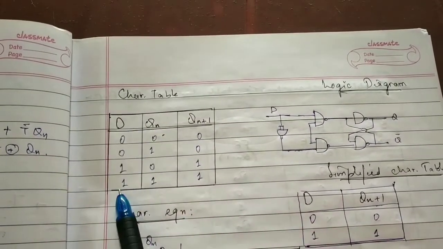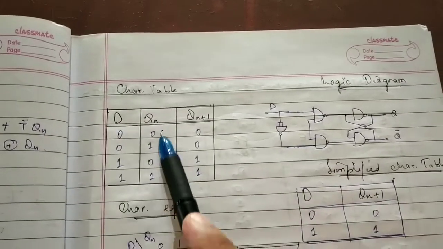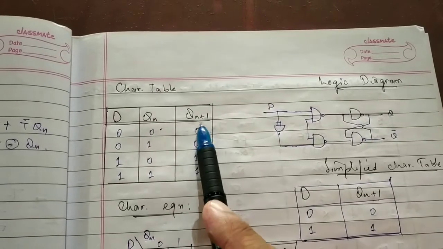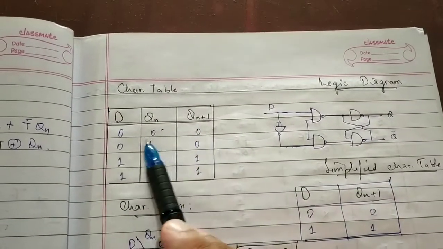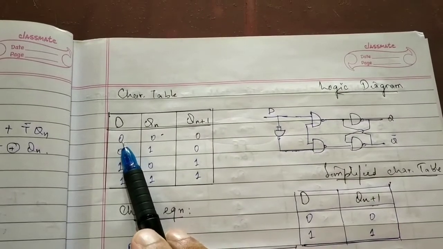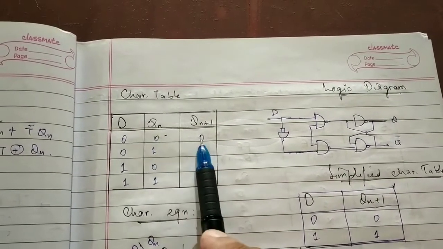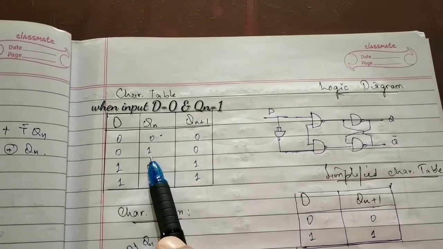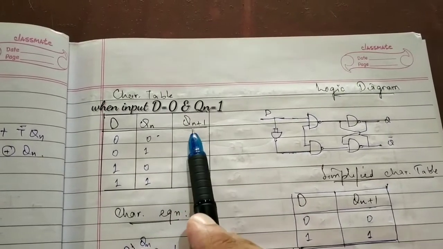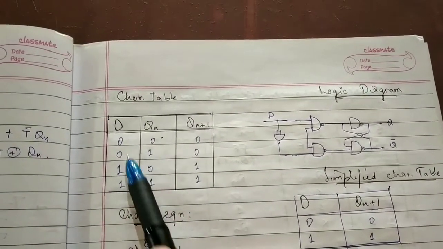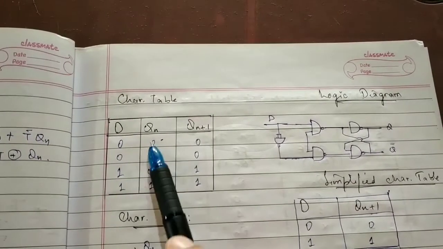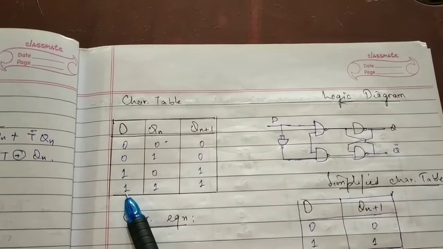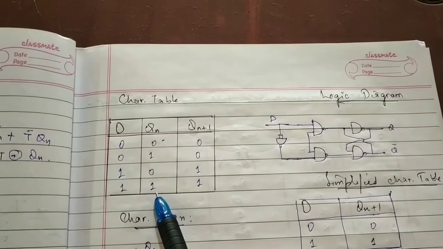We have the D input here and the present state Qn here, and we have to find the next state Qn+1. Qn+1 is equal to 0 when input D is 0 and the current state is 0, and it is also 0 when D is 0 and the current state is 1. Qn+1 is equal to 1 when D is 1 and the current state is 0, and also when D is 1 and Qn is 1.